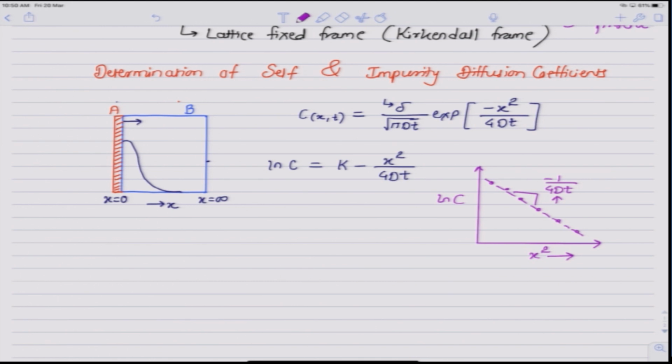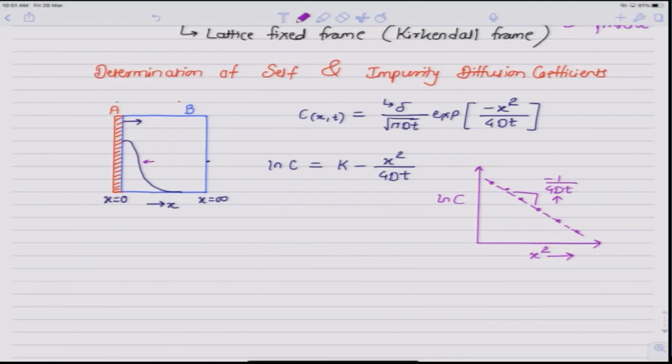We know D is a function of composition. So, for this assumption to be true, one condition may be that the concentration of A throughout this diffusion profile has to be very small, and since the concentration throughout is very small, the variation in D with x is not significant, and then we can apply this solution.